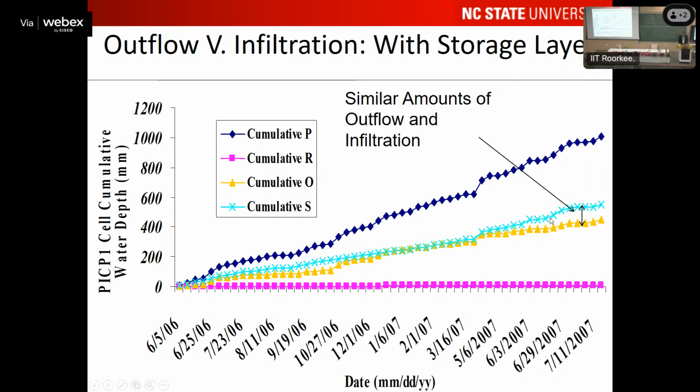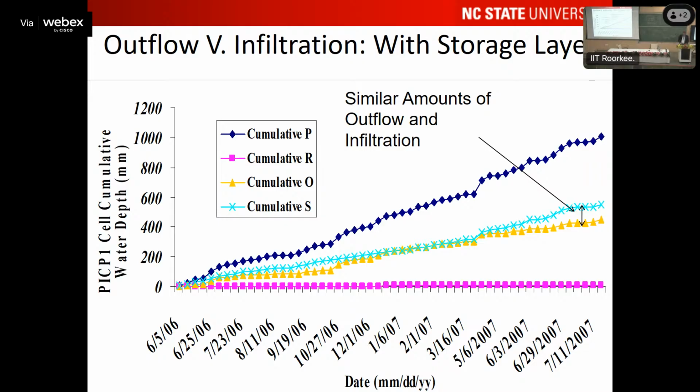What you'll see is we had very similar amounts of infiltration, or storage, compared to outflow, which is what flowed out the underdrain. In fact, we had slightly more water going into the ground than we did leaving the pipe. That's associated with 5 centimeters of internal water storage.